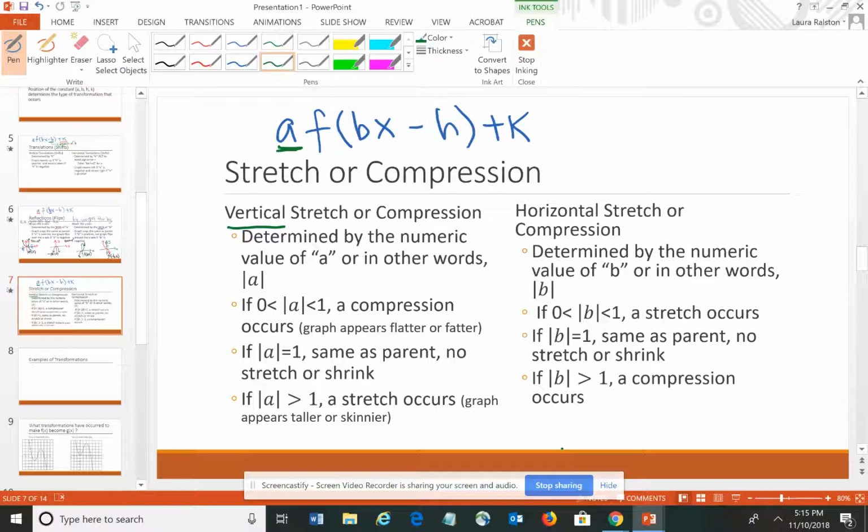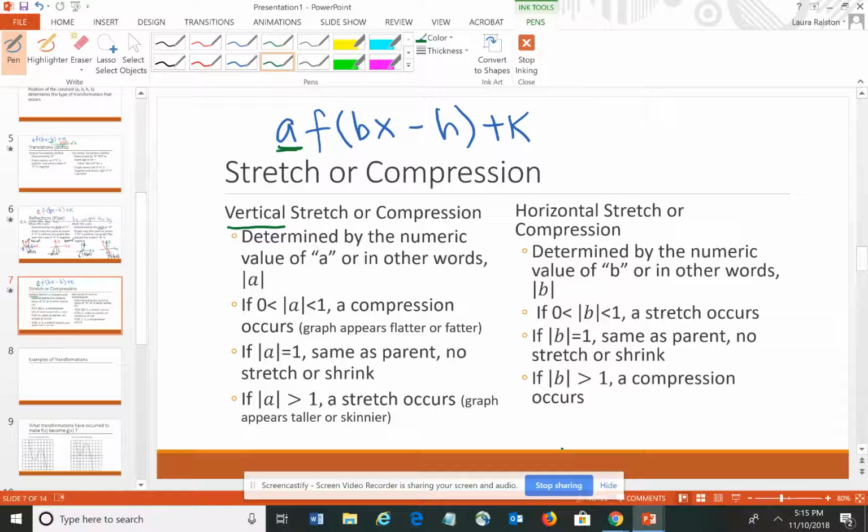And again, now you're worried about the value, the numeric value, or the absolute value of that. You're not worried about whether it's positive or negative. So if the absolute value of A is between 0 and 1, typically a fraction, you're going to have a compression so that the graph kind of gets flatter and fatter.